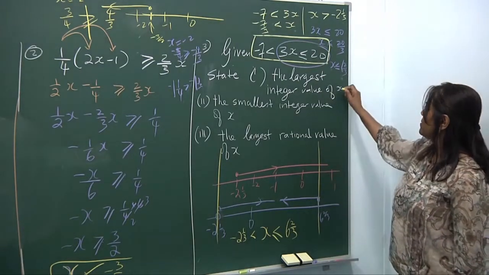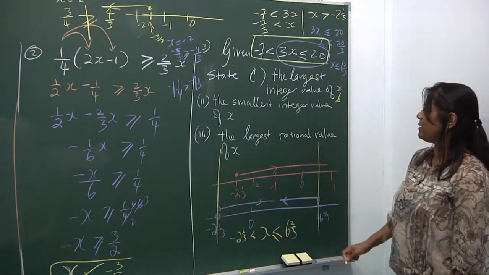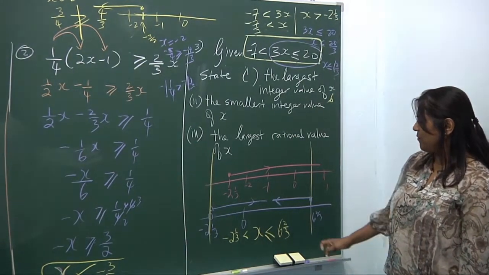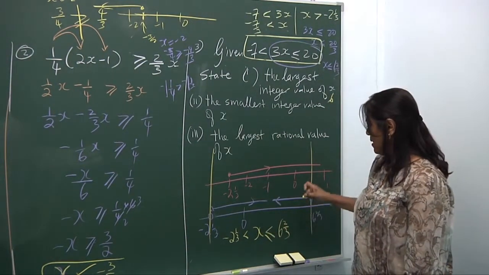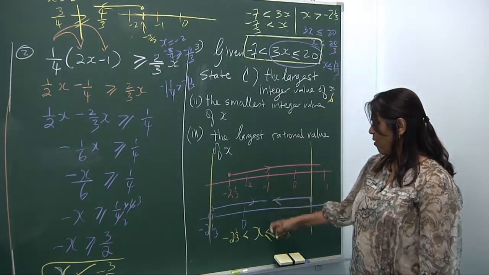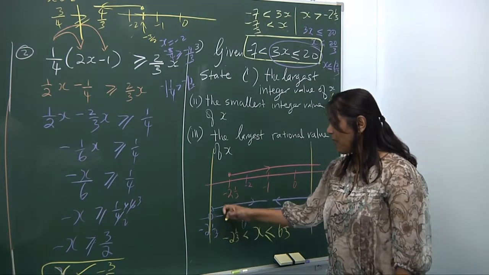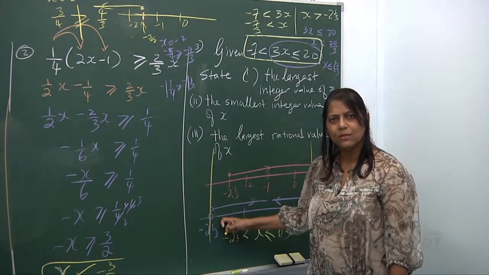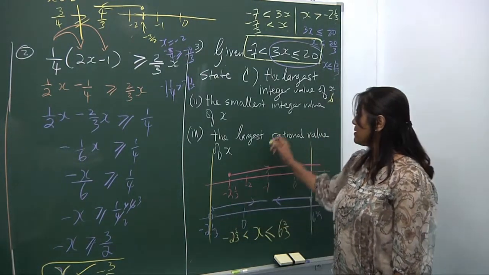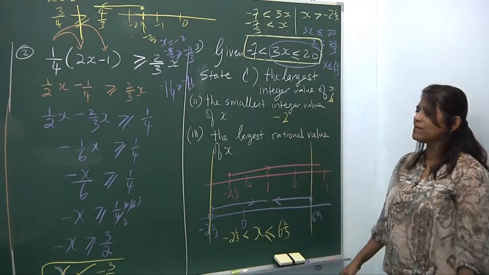The smallest integer value, as it goes on, 6, 5, 4, 3, 2, 1, 0, minus 1, minus 2, which is within the range, so the smallest will be minus 2.